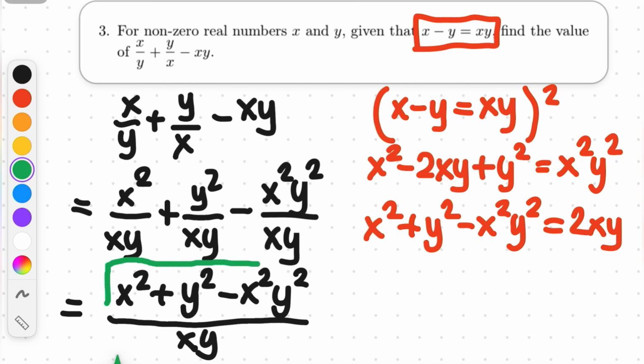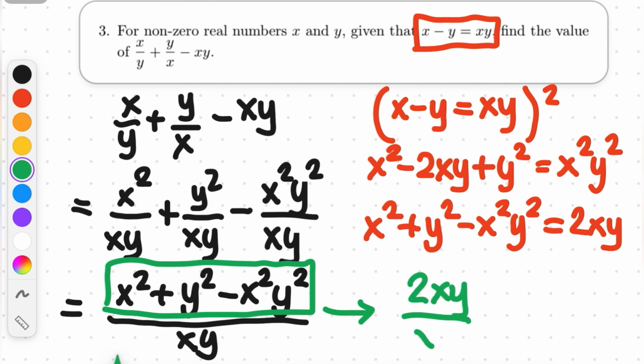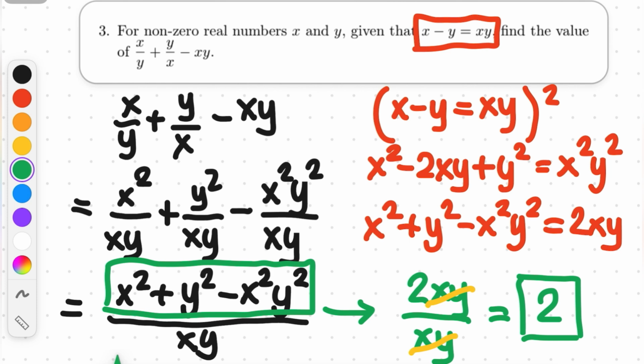So we can now simply replace the numerator in the expression we're trying to evaluate with 2xy. So now we have 2xy over xy, and the variables just end up canceling, and finally it's equal to 2. That's the value we are looking for.